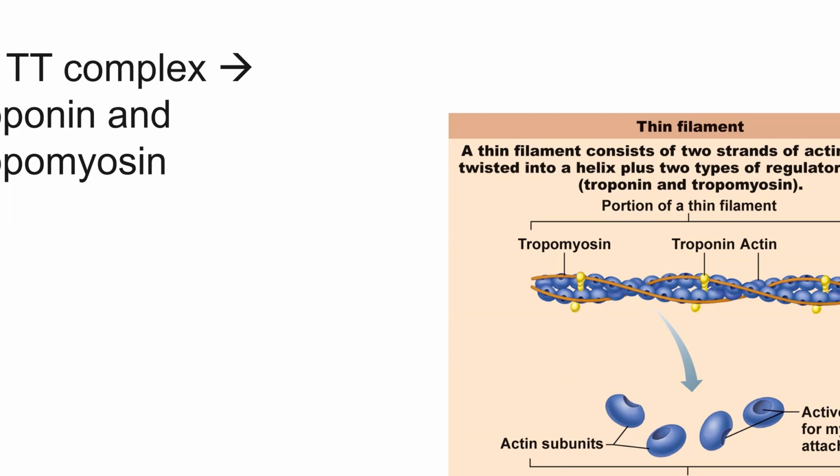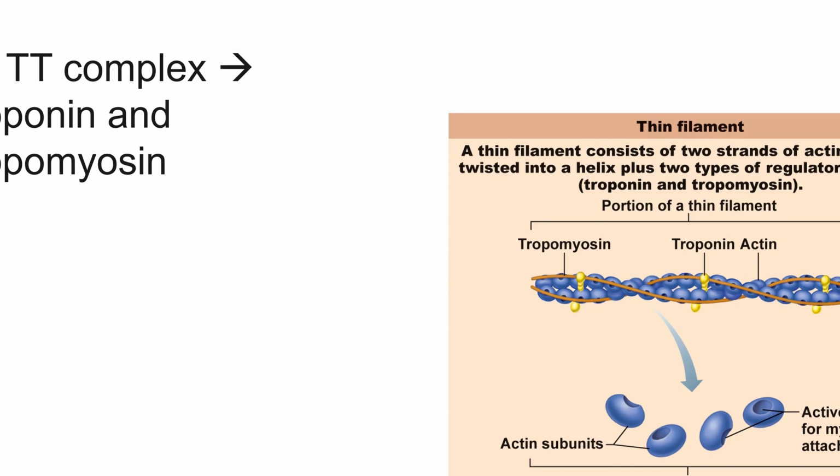Remember, we looked at the thick filaments of myosin, and they had heads. They are going to bind to the binding sites on the actin. But if the muscle's not contracting, the binding sites are covered up by the tropomyosin, and the troponin is holding the tropomyosin in place.